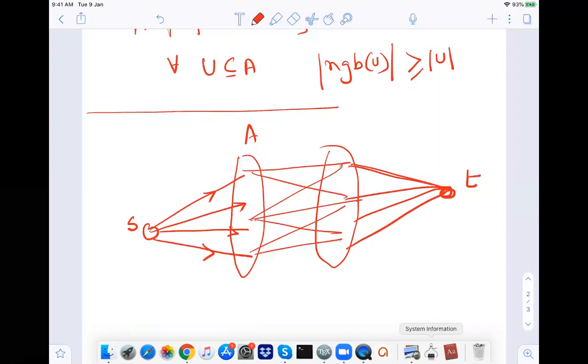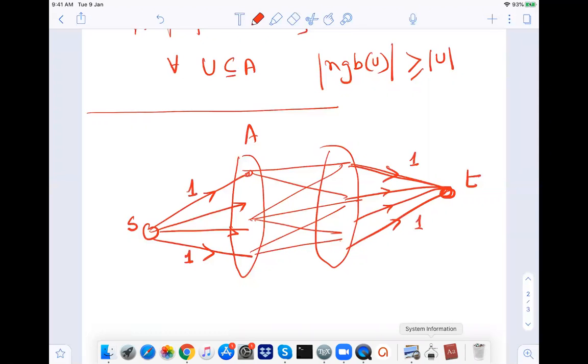Now, the idea is that you don't want to send more than one unit of flow in each of them. So you want to keep a capacity of 1 everywhere on these edges. Now, what about these middle edges here?